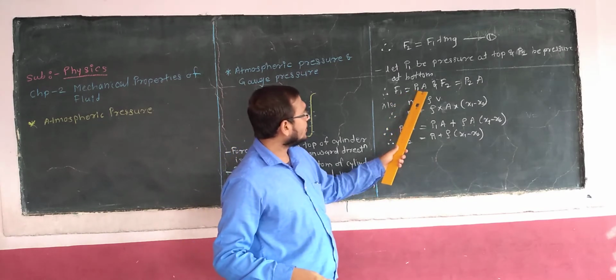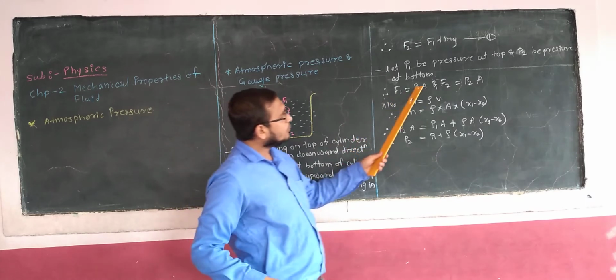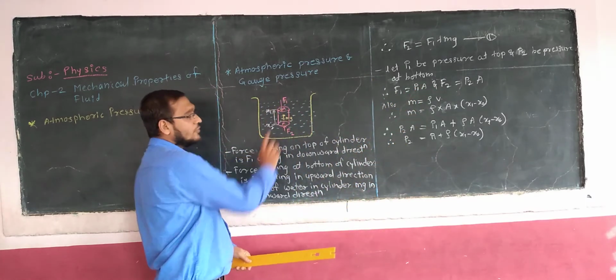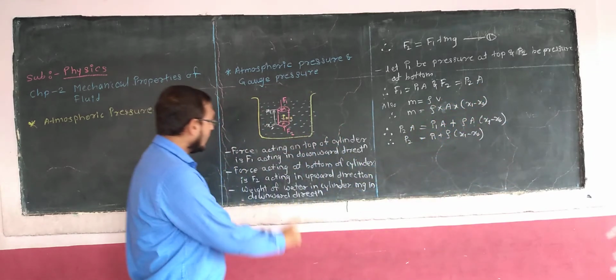Here F1 is the force, so F1 is equal to P1 into A, where P1 is the pressure acting here and A is the area of this surface. Similarly, F2 is equal to P2 into A.